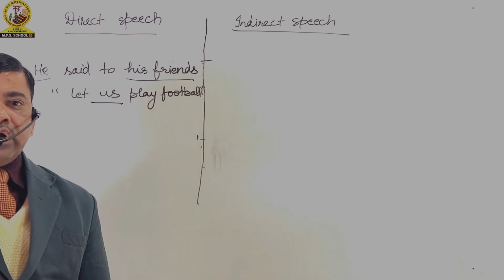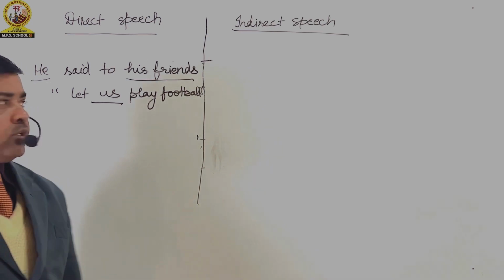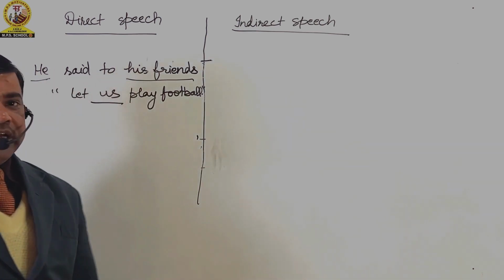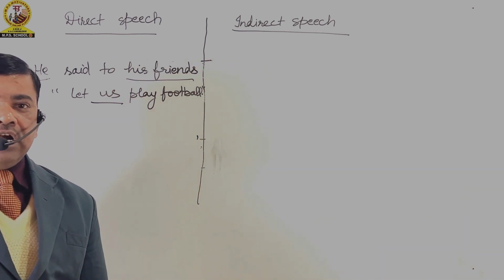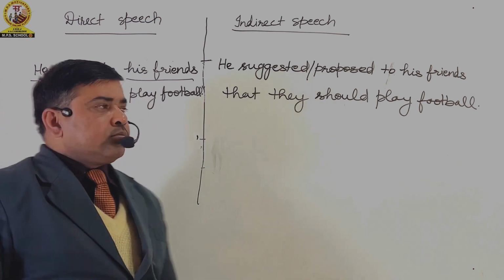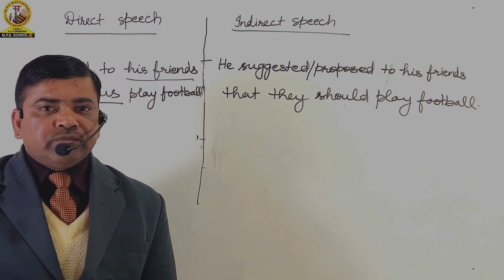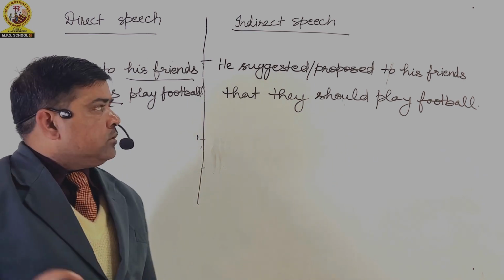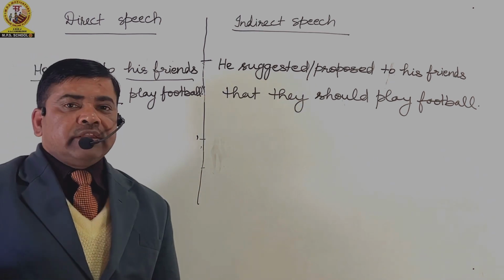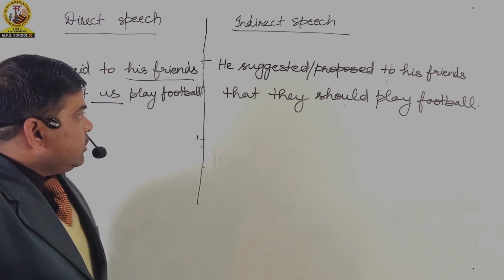Here we have not to use we because both the subject and the object of the reporting verb are the third person. The indirect speech of the given sentence will be: he suggested or proposed to his friends that they should play football.